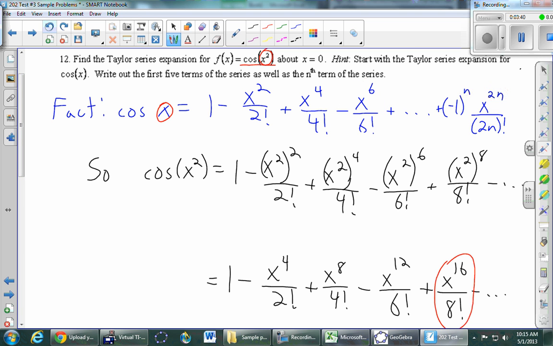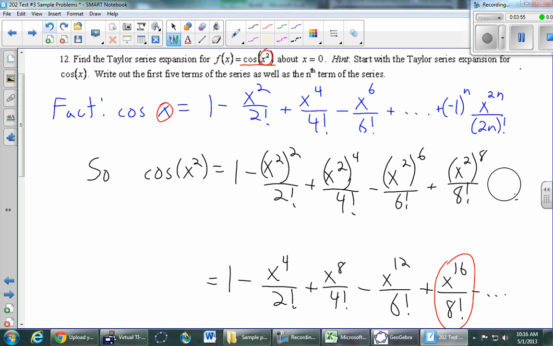And then the nice thing here you can do is just replace this x with x squared, just like we did with all of these x's in here. So then our general term is going to be replacing x with x squared right up above: negative 1 to the n, x now becomes x squared raised to the 2n, divided by 2n factorial.